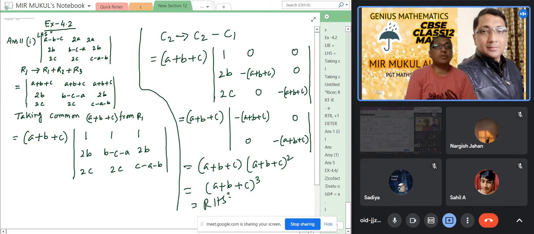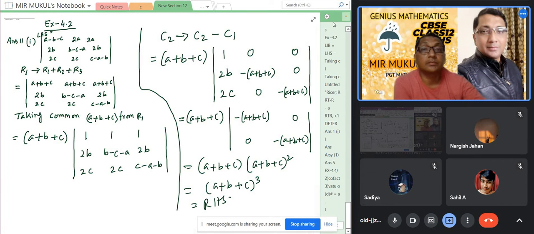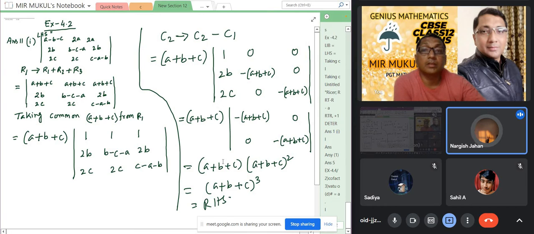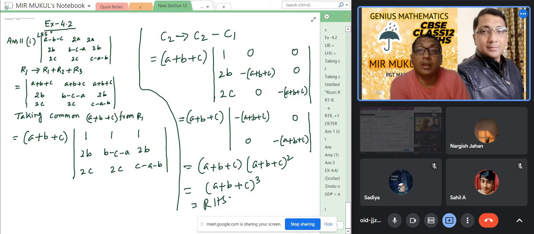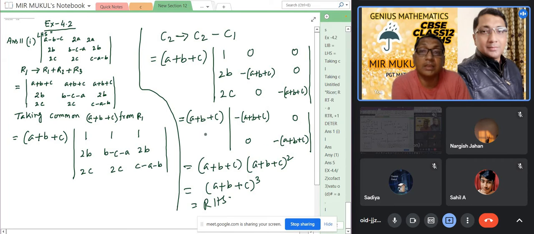Okay, so understood this? What did you do in the last step? In the last step, here in this step, we only have to take the minor of 1, since this element and this element are 0. So the minor of these two elements will not come, only the minor of 1 will come.